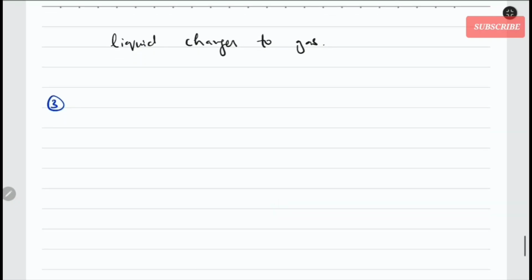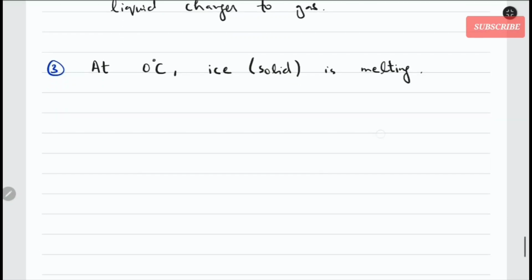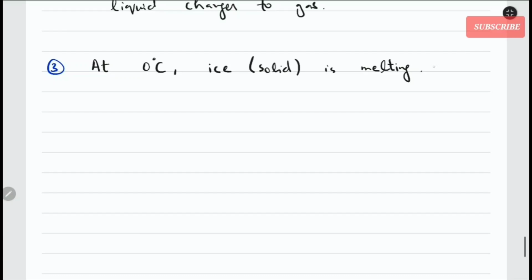Question number 3. At 0 degrees Celsius, the ice is melting. Ice, which is basically solid, is melting, right? So at this point, even though we are heating it, the temperature is not changing.